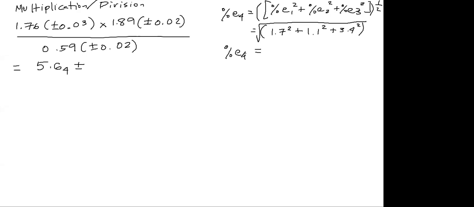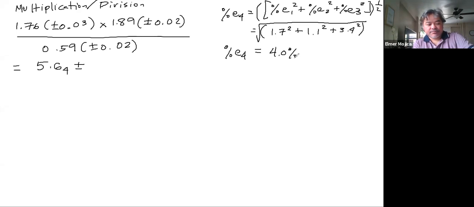I got 4%. So you will get 16, and then you get around 15 point something, which we round up to 16. And if you're going to get the percentage of that, you will have 4.0%. So right over here, you can write this as 5.6 plus or minus 4%.